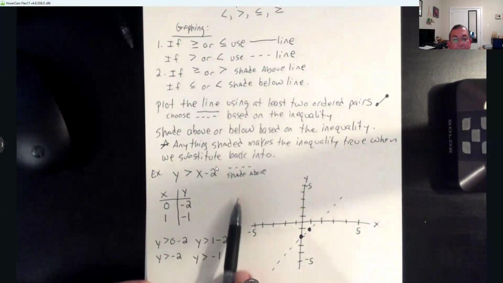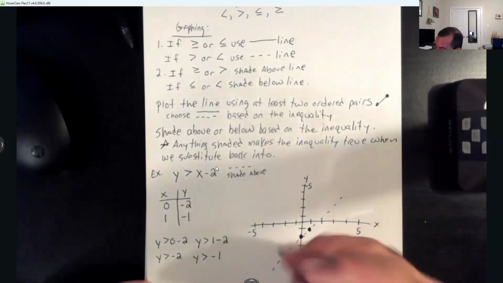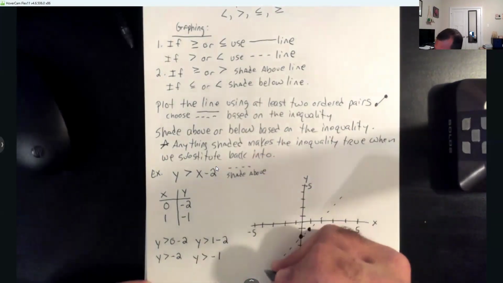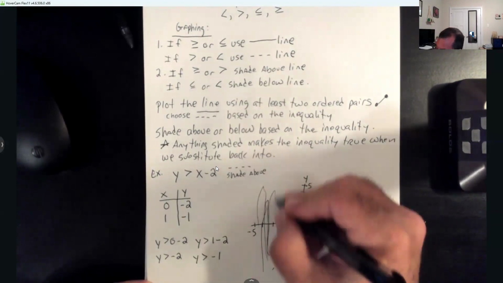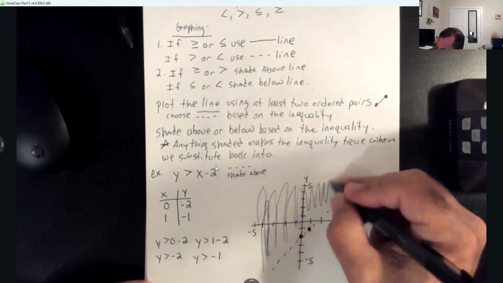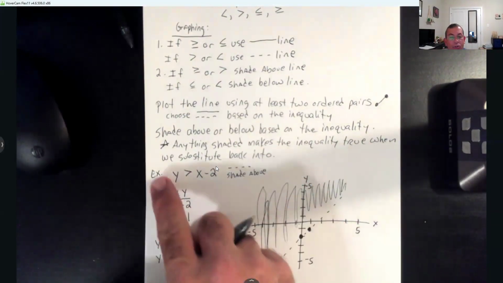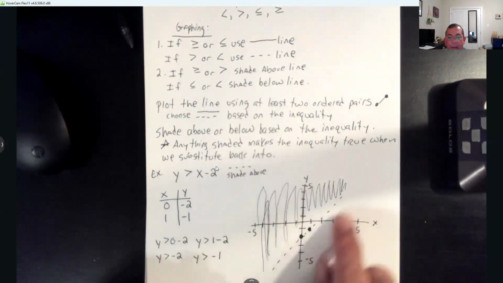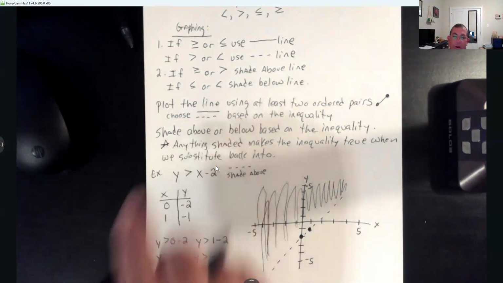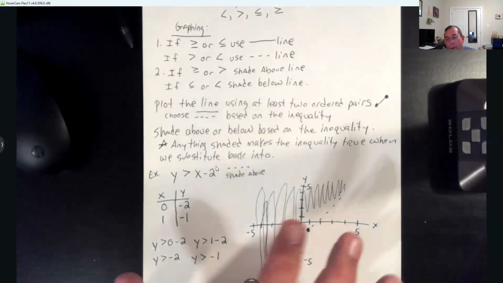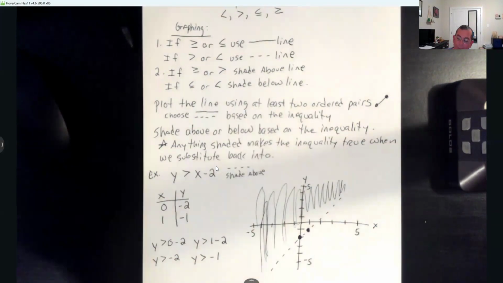And then I need to shade above the line. So above the line will be up here. So that when we shade it, anything up here makes that true when we plug it in. Anything under the line makes it false. So we know what this is going to look like when we go to MathLab.